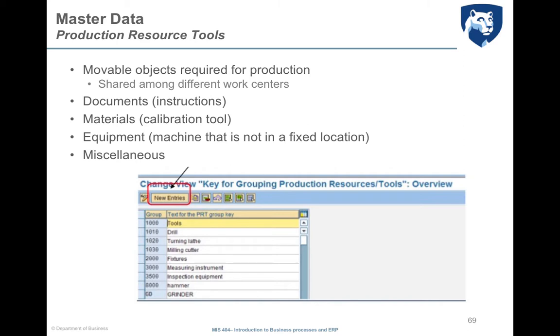It is not feasible to replicate or to keep specific tools in every work center because they are not used all the time in the day, so they are shared among different work centers, and ERP stores information about these production resource tools in specific master data of the system.